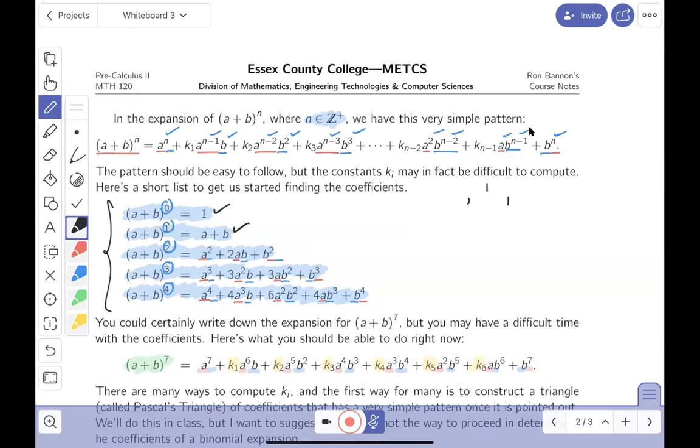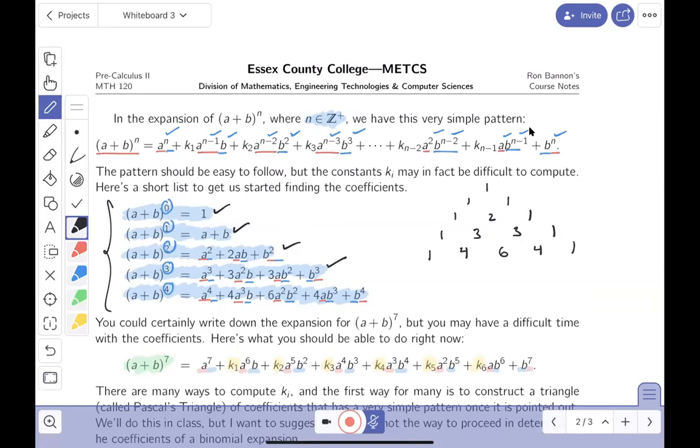The third gives me 3 coefficients, 1, 2, 1. The 4th one gives 1, 3, 3, 1. Let's put the next one down. I'm just reading it: 1, 4, 6, 4, 1.